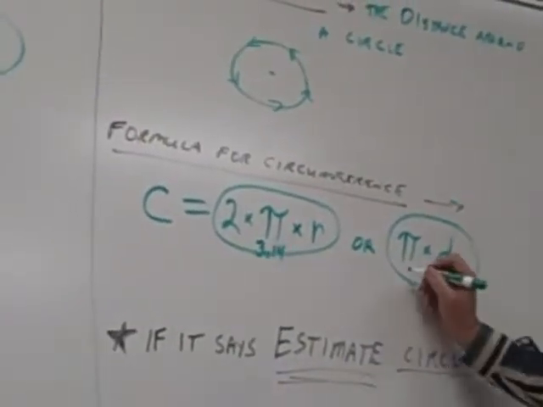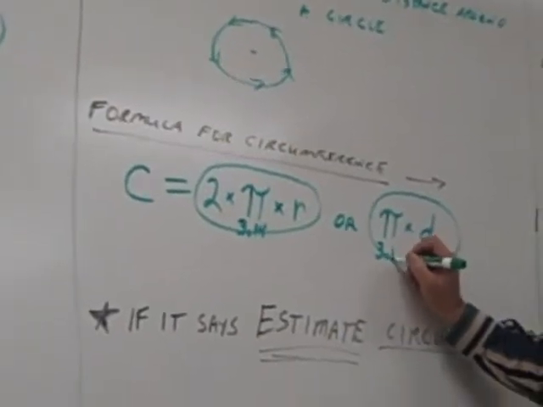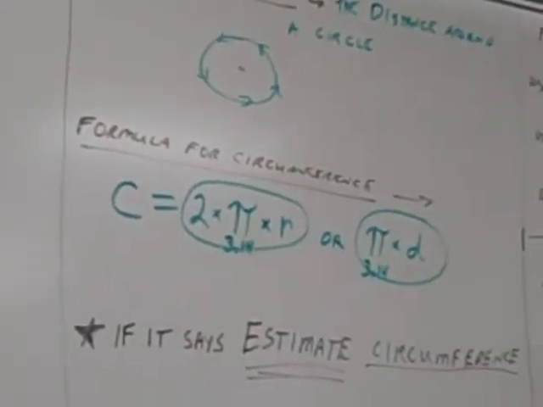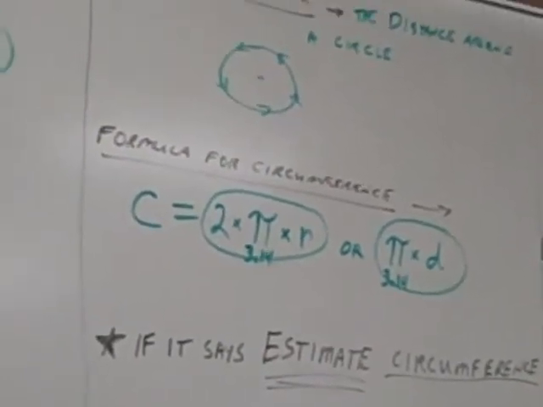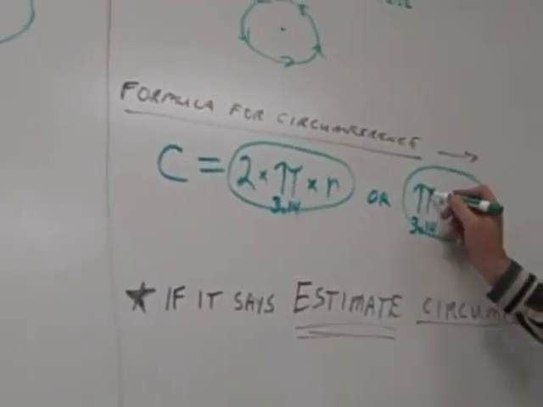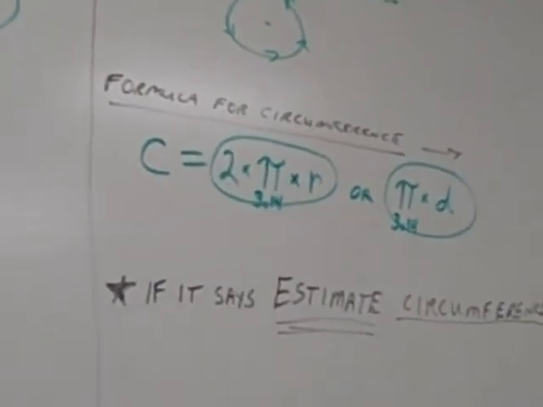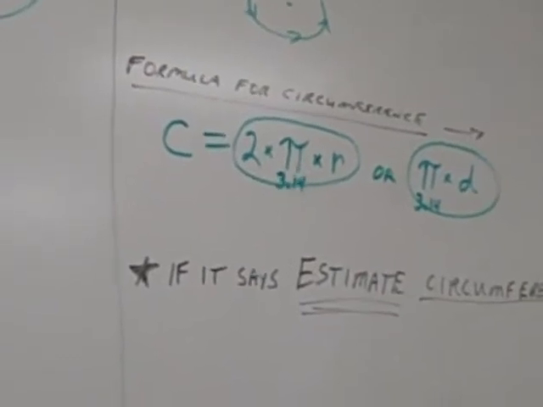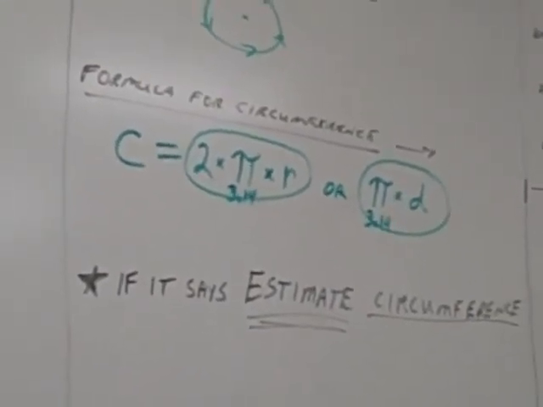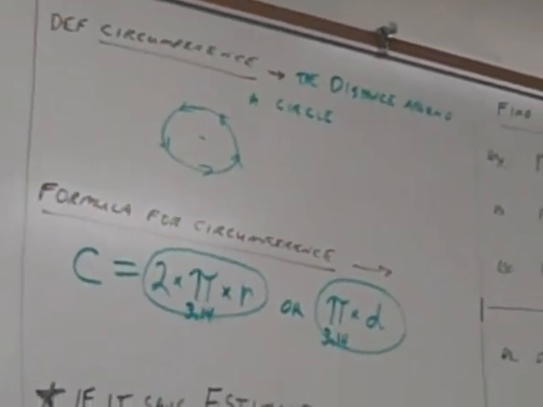So, for this symbol, I can use 3 and 14 hundredths, or 3.14. So I'm going to write it in my formula right there. When I need to use that, I'm going to use the number 3.14. We okay with that? All righty.